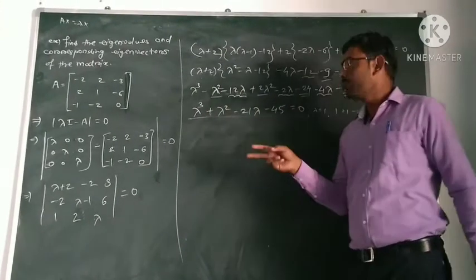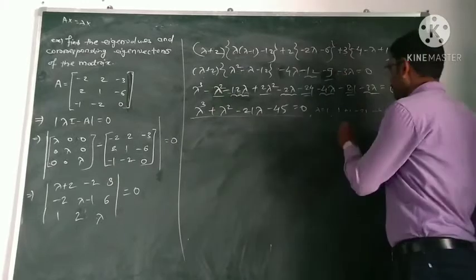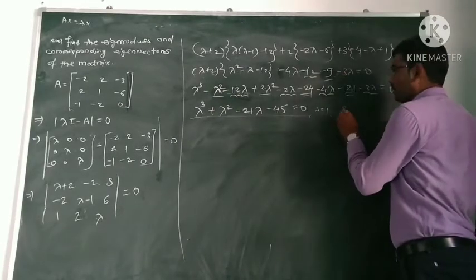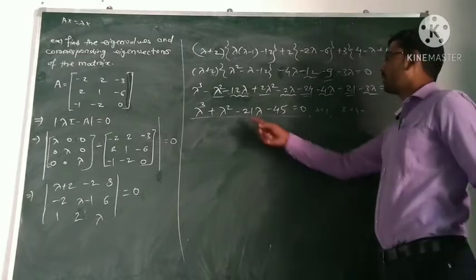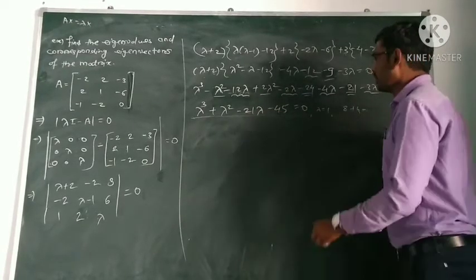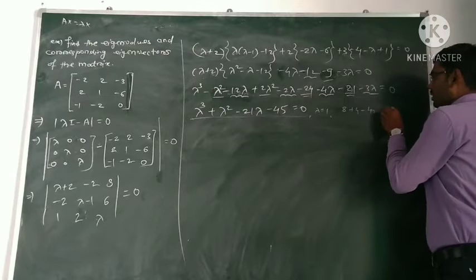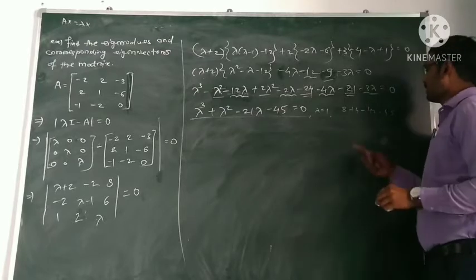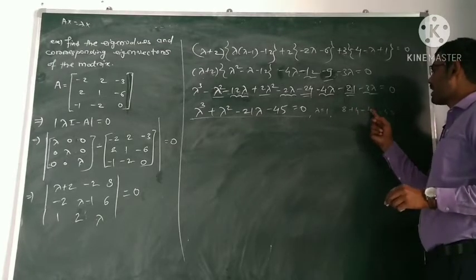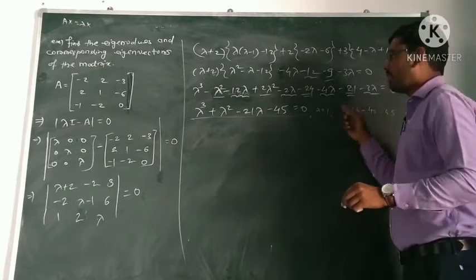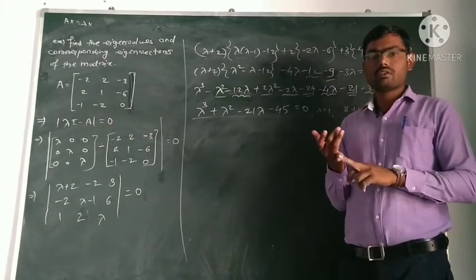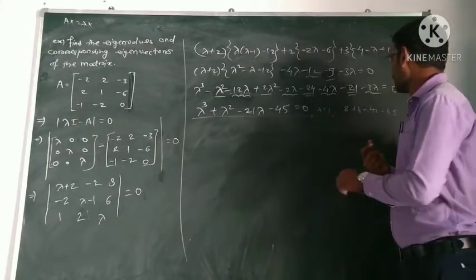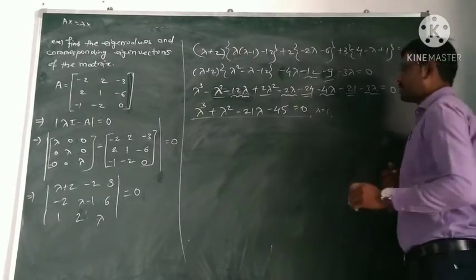Put lambda is equal to 2, so 2 cube is 8, 2 square is 4, then 2 into 21 is 42, minus 45. Again 8 plus 4 is 12, minus 42, minus 45, not equal to 0. Try to put lambda is equal to 3, lambda is equal to 4. You will not get a solution.